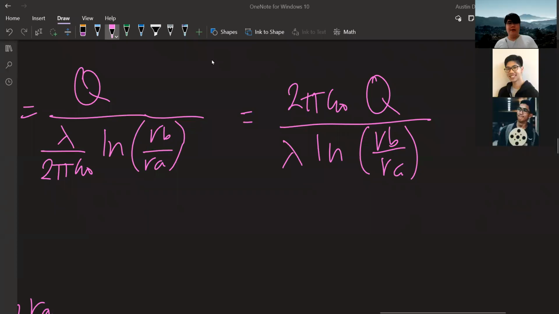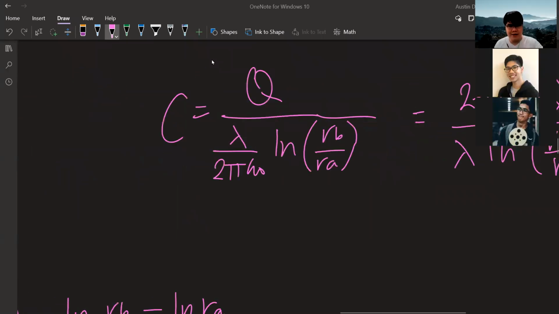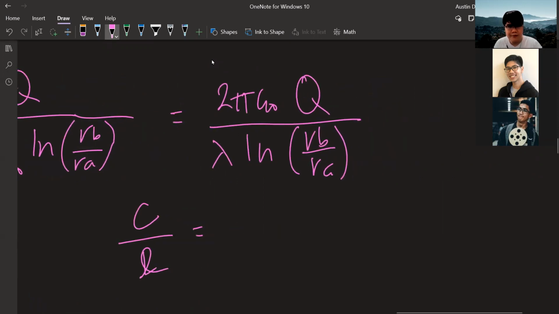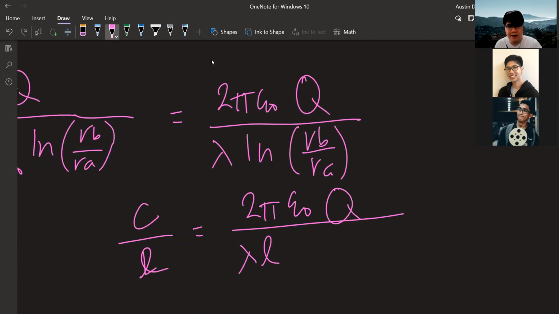I'm back. Okay, hindi pa ito yung final answer kasi yung tanong pala sa atin ay capacitance per unit length. So what we're gonna do is find that. So C divided by L, or curly L if you want that. So this becomes not Q over, so may lambda L ln RB over RA.